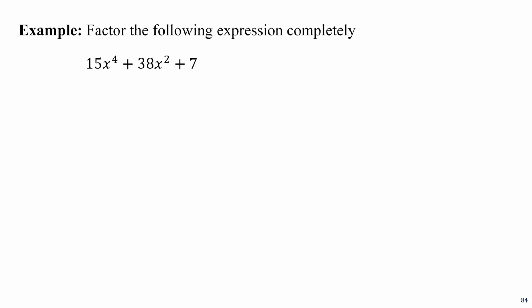So if you have a trinomial, you can try the cross product method first, because that's the easiest method, right? Otherwise, if it doesn't work, you can consider other methods. So first of all, we can consider 15, which is factorizable to 3 by 5.